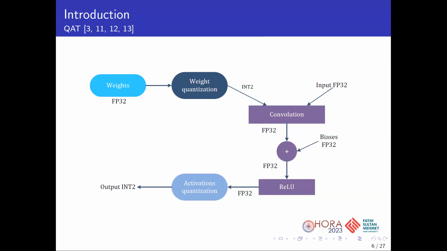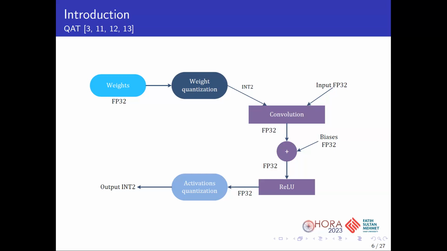Notably, our model retains the FP32 format after the convolution layer and bias application. To achieve an integer 2 output for our model, we employ the QuantReLU activation function. This implementation underscores our commitment to balancing computational efficiency and model performance. By employing the QuantReLU method at the output stage, we can execute the quantization in accordance with the desired bit value.